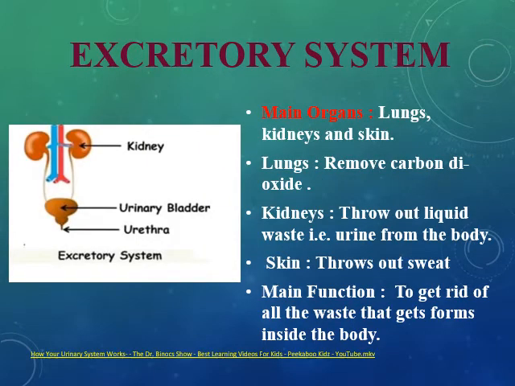Now let's study about excretory system. Excreta means waste. Children, excreta means waste. So, through this system, the waste material is thrown out of our body because many different processes like breathing, digestion and circulation take place inside our body, and all these processes produce certain waste material that is not needed for our body.